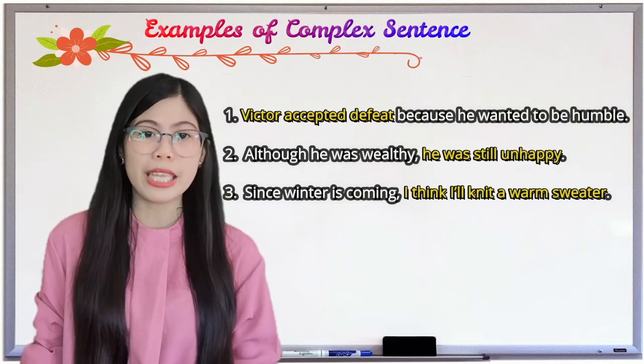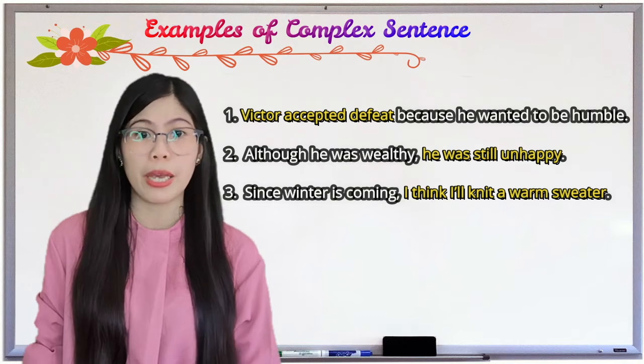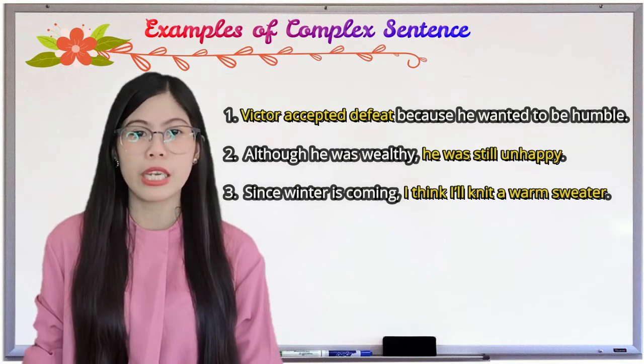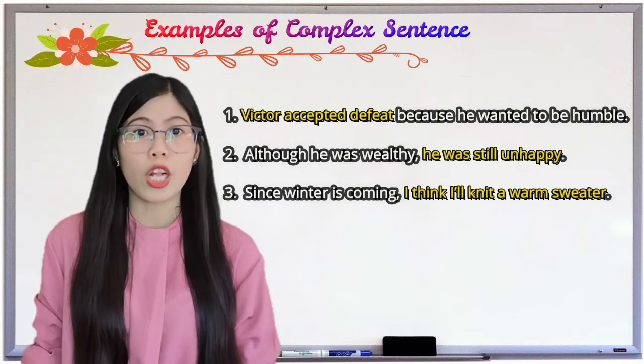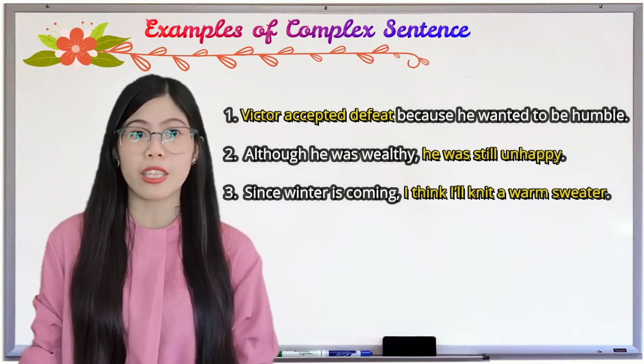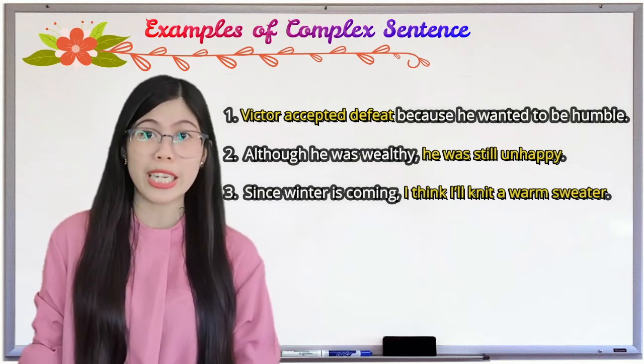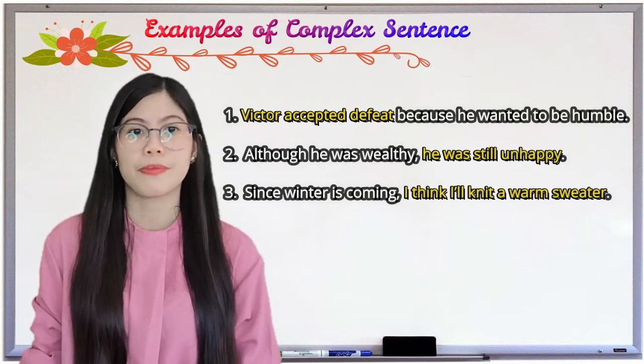That's why to complete the idea, it has to be connected to an independent clause. In addition, always remember that a dependent clause always starts with a subordinating conjunction. And in this class, we use the subordinating conjunction because.